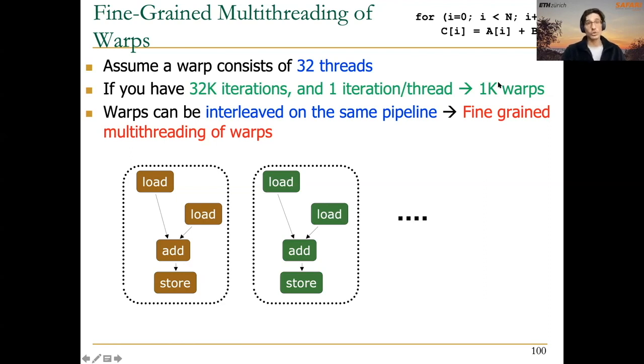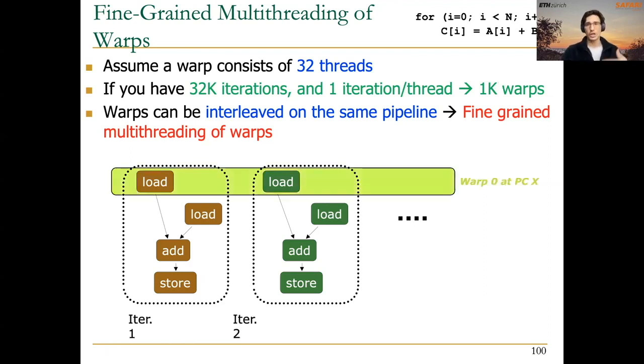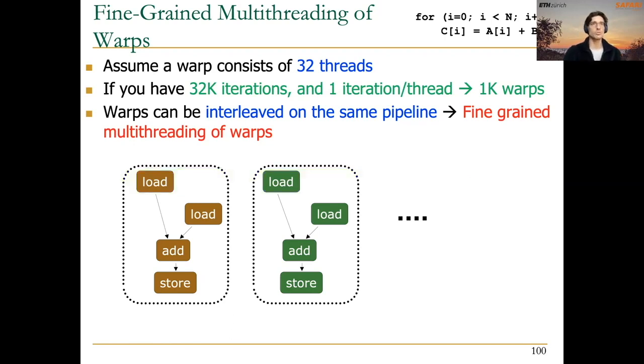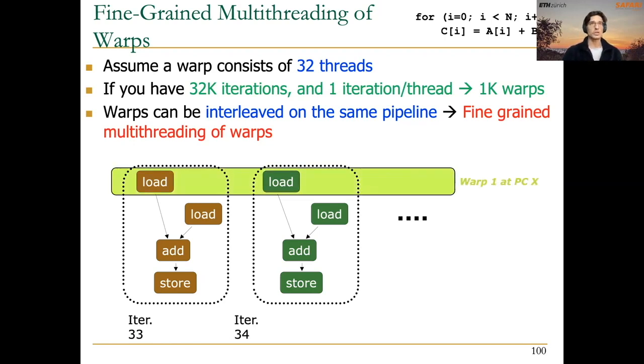And what we do when executing the warps onto the GPU pipeline is interleave the execution of instructions for the different warps. For example, we can start the execution of this load instruction for warp 0, and then we execute the same instruction for warp 1, that is, for the next 32 threads.